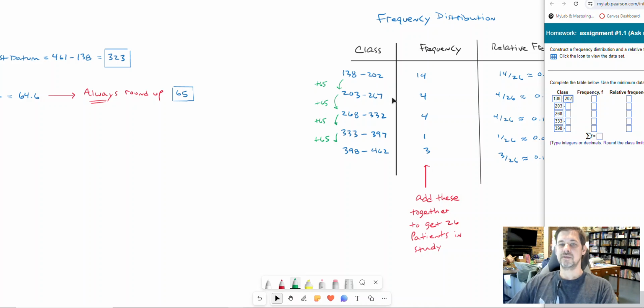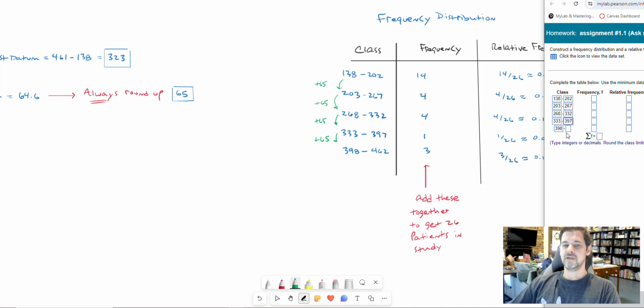And this one has to end where this one picks up. So it's just one less each time. If that one picks up at 268, that means this one ends at 267. If this one picks up at 333, this one ends at 332. So you get the idea. This one picks up at 398, which means the one before it ends at 397.